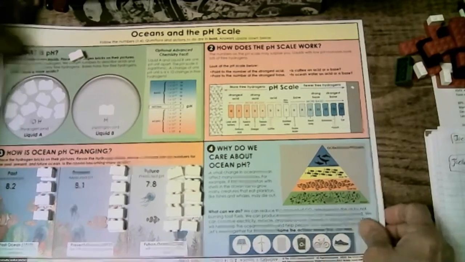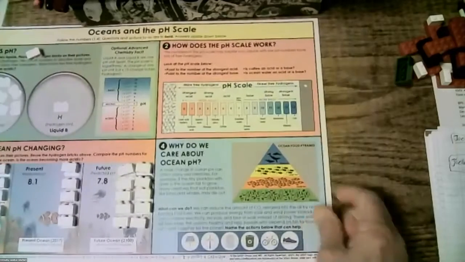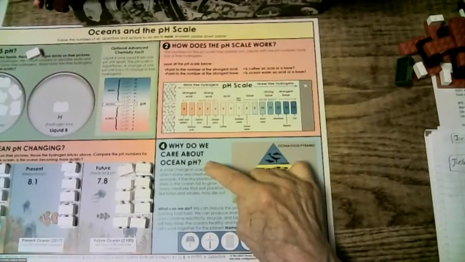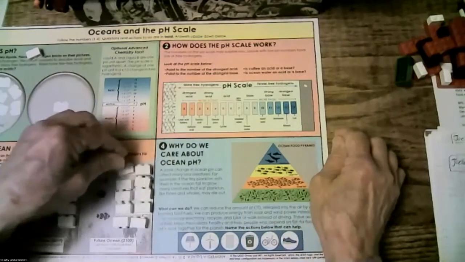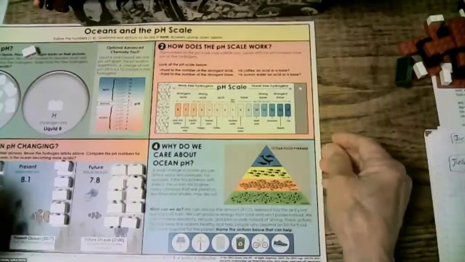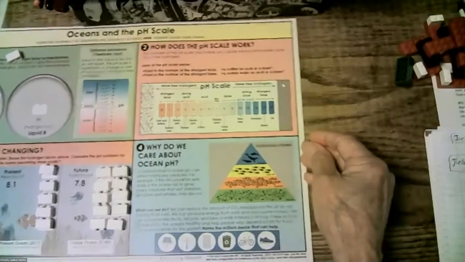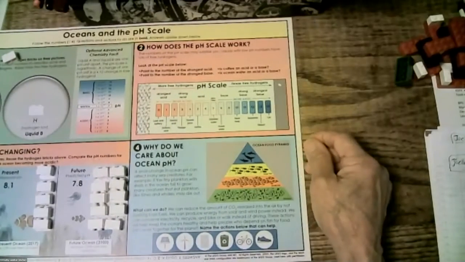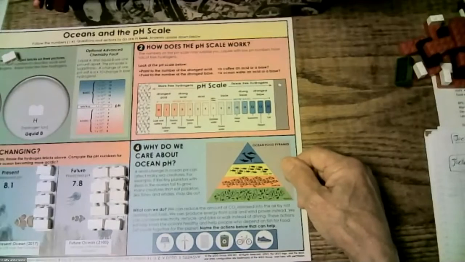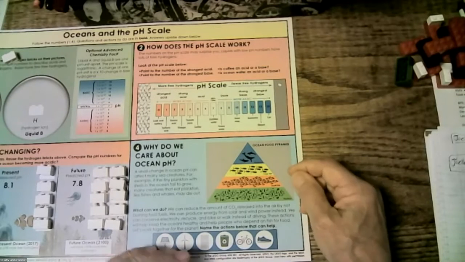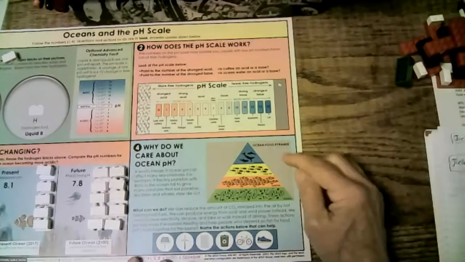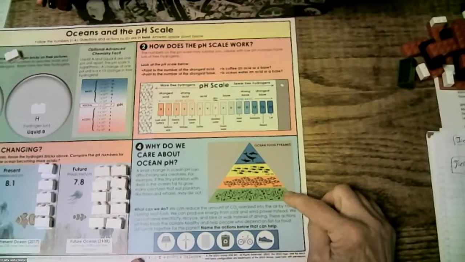All right, the final steps are really about why we care about ocean pH. I think all of us are pretty clear about why, but it's nice to have another visual in this story. Everybody talks, too many times in curriculum probably, about food chains, but the ocean pyramid is really important.